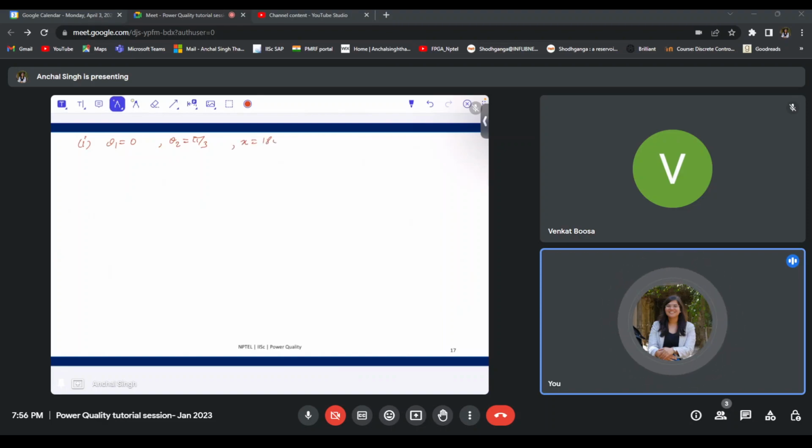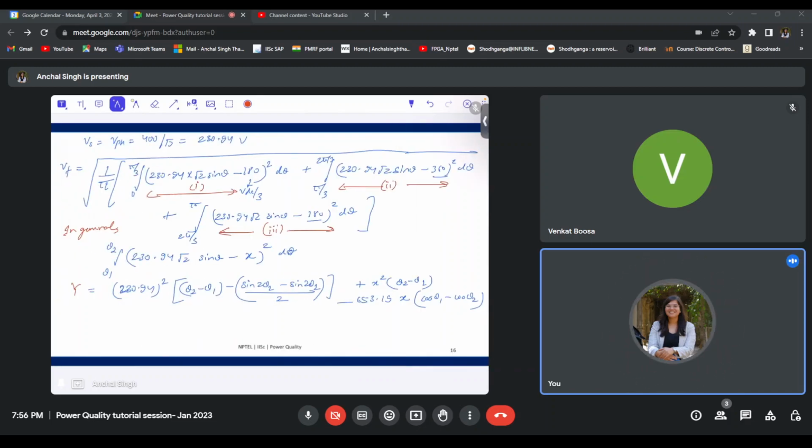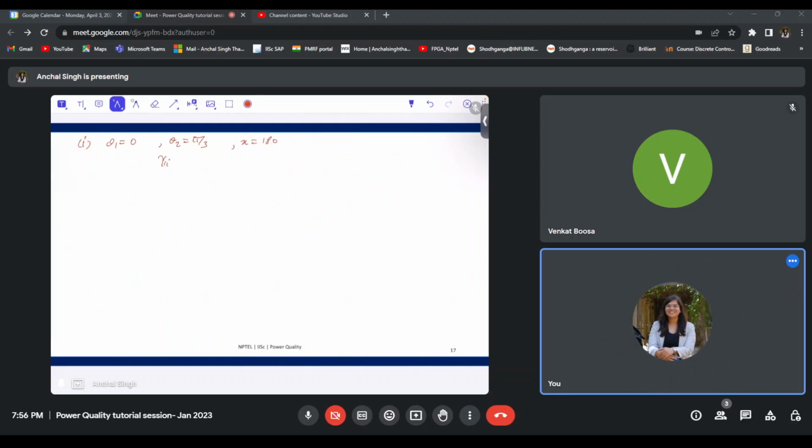By keeping these values, after solving this expression, let me call it y1, comes out to be 7898.59. Similarly, for the second part, theta 1 is equal to pi by 3, theta 2 is equal to 2 pi by 3, and x is equal to 360 for this part.